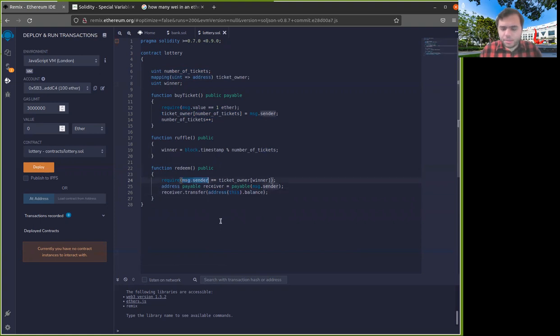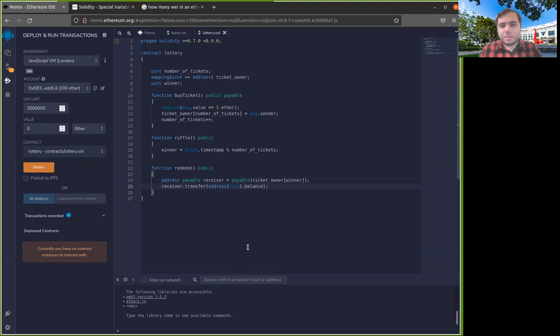And actually thinking about it, I don't have to even check this. I can just say the receiver is the ticket owner of the winning ticket, and then I can just send it. So it doesn't matter who calls this function, I will always send the money to the person who has actually won. Okay, nice.